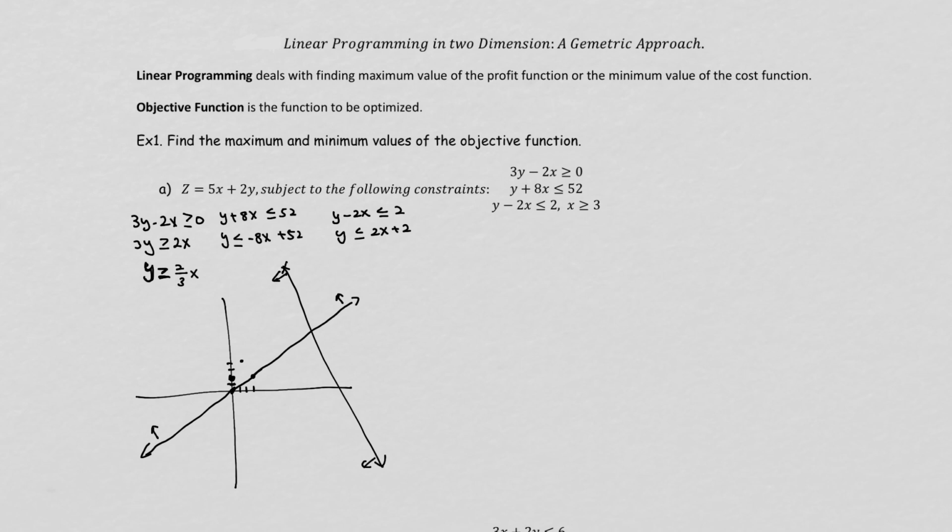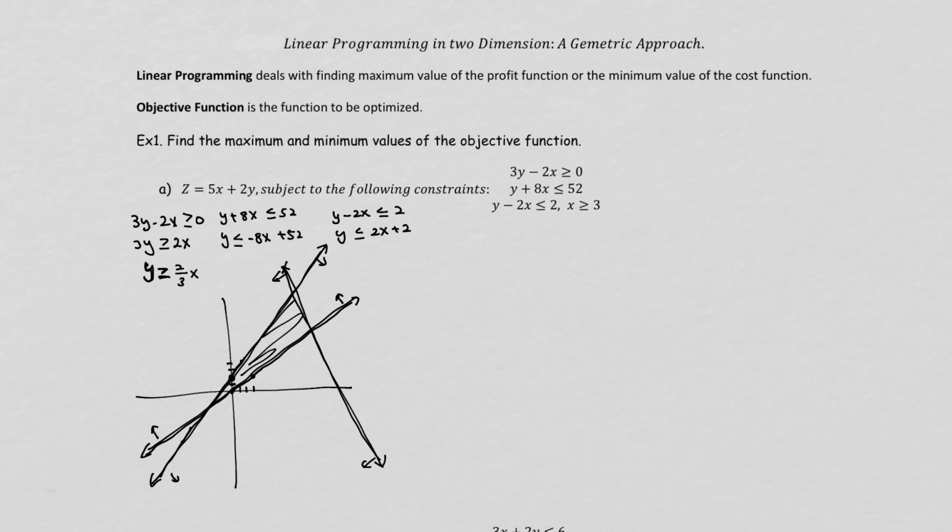Draw the line passing through those 2 points, something like that. And since it's smaller, it will be this area that you're going to color. So above this line, to the left of this line, and below that area, right? So that will be somewhere here.